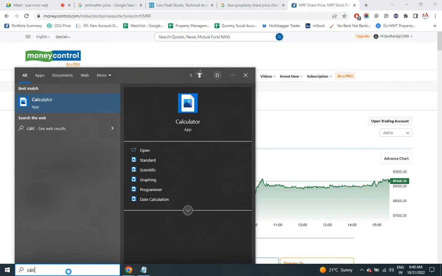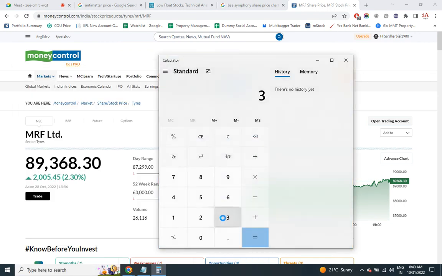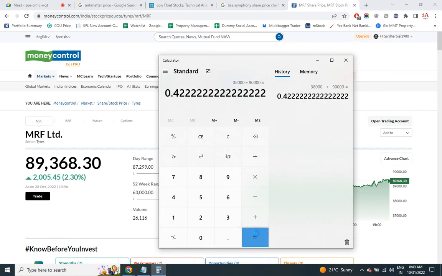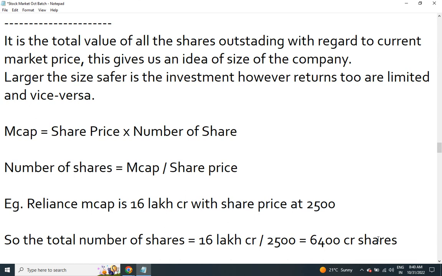Let's quickly do it. These many crores, nothing but lakh. 42 lakh shares are there in the market. Alright? Because 100 lakh is 1 crore. So 42 lakh shares only are there of MRF Tyres versus 6,400 crore shares of Reliance. So obviously the price of Reliance looks much lesser than MRF Tyres. But which is of a bigger size? Reliance obviously.